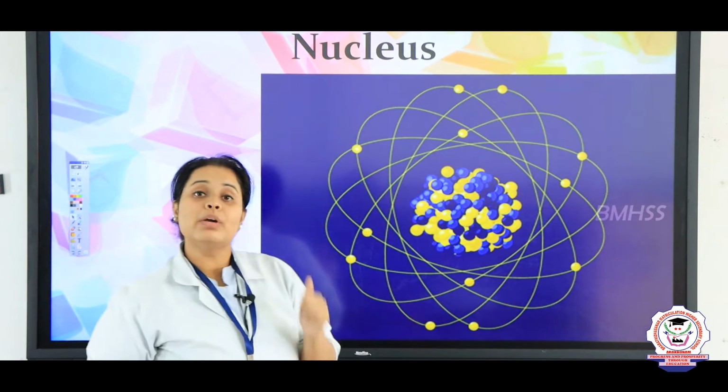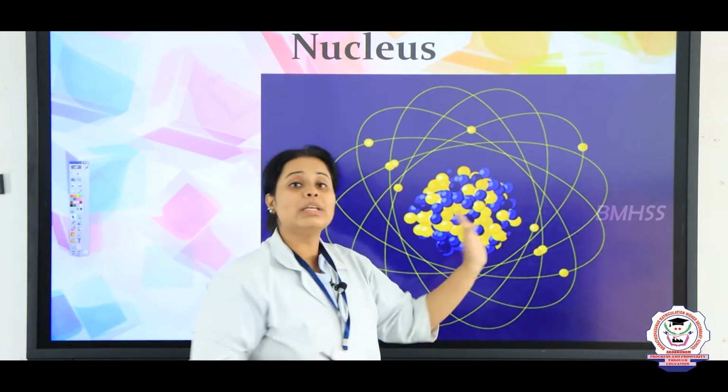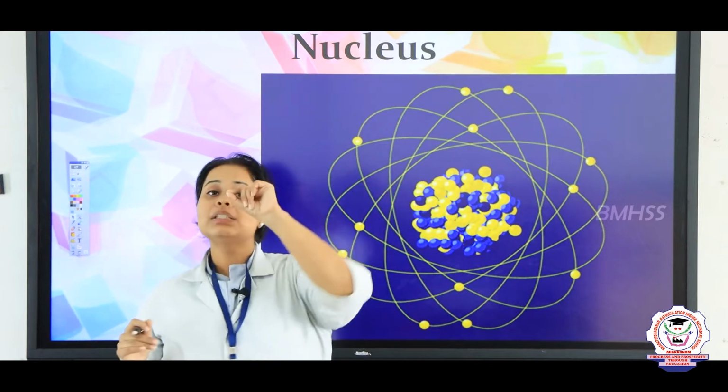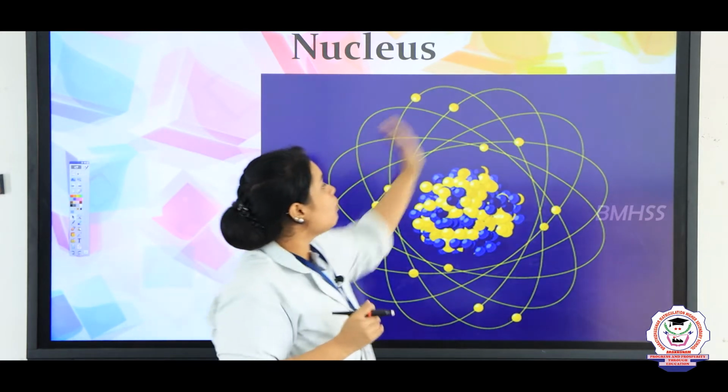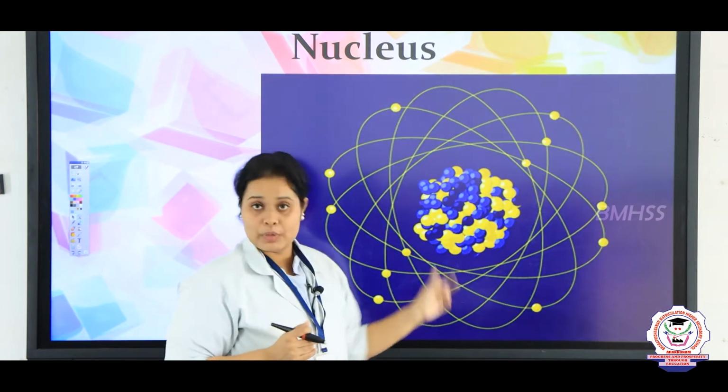When you pass a ray through it, the deflection happens only at the nucleus. The nucleus size is small, plus there is so much empty space due to the presence of orbits and fewer electrons.